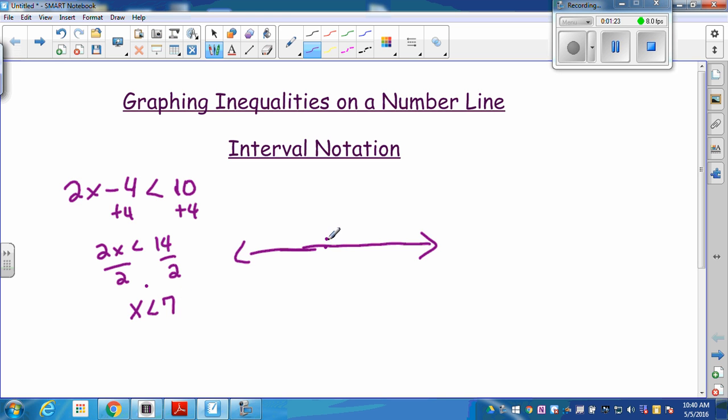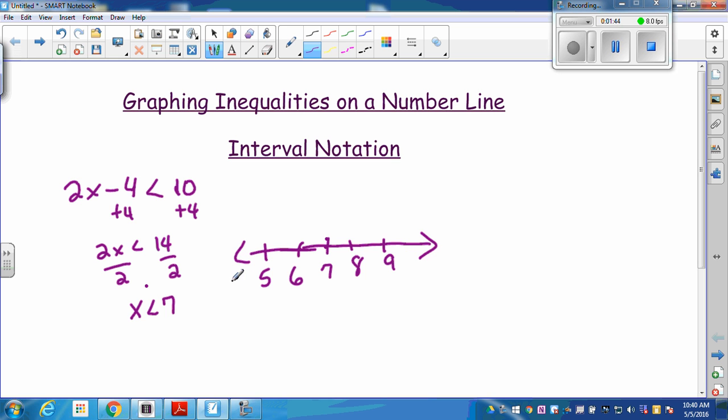So I'm going to start by putting 7 on my number line. Alright, and then I'm going to write in just a couple extra values here to indicate that as you move left along your number line, your values are getting smaller, and as you move right, your values are getting larger.